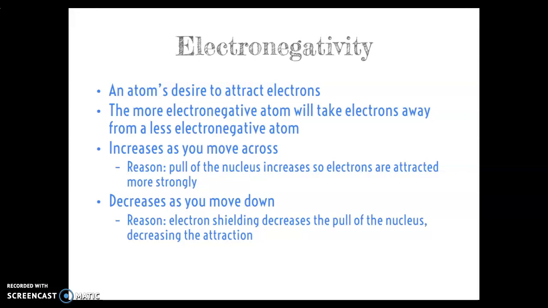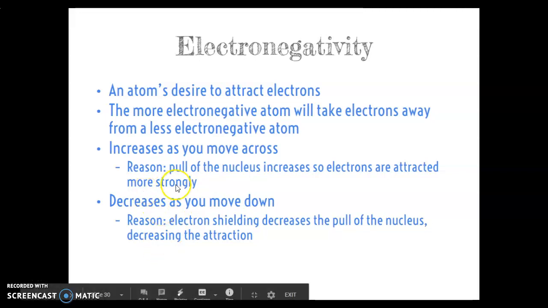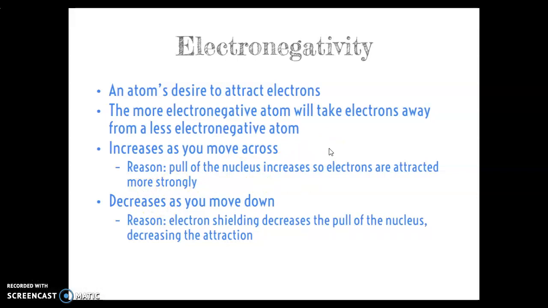Okay, and so electronegativity increases as you move across the periodic table from left to right, with the exception of the noble gases. Noble gases have no electronegativity because they have no desire to bond, so they don't attract electrons to themselves because they don't bond. Okay, but as a general rule, as you go to the right on the periodic table, the electronegativity increases, just like ionization energy.